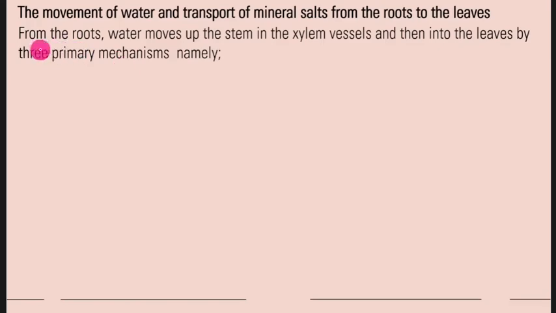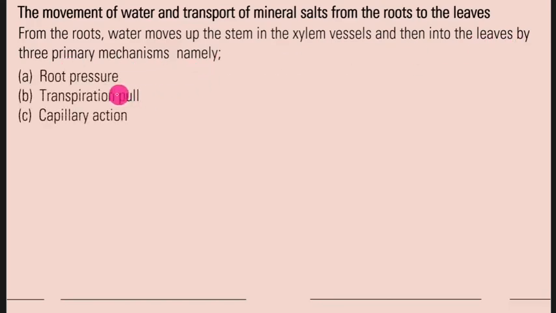So from the roots, water and mineral salts move up the stem in the xylem vessels and then into the leaves by three primary mechanisms. So what are these? It moves by root pressure, transpiration pull, and capillary action.